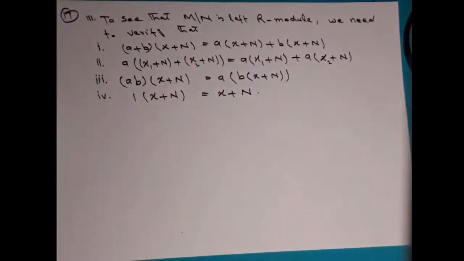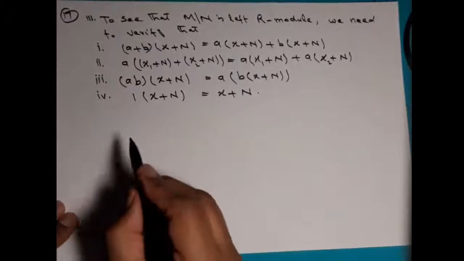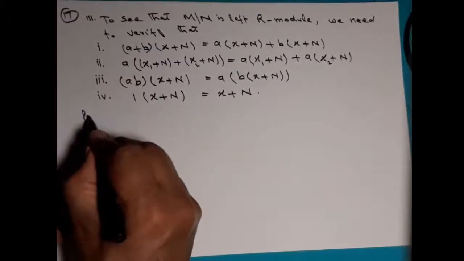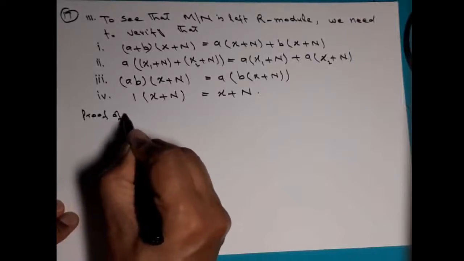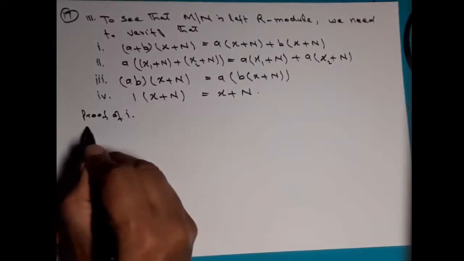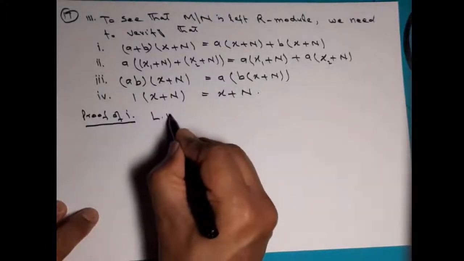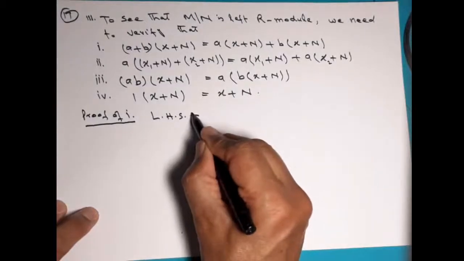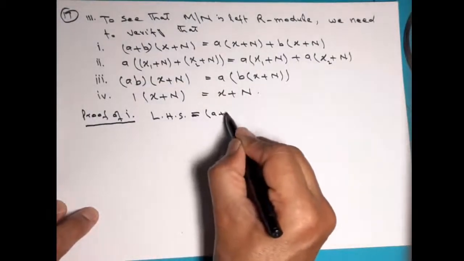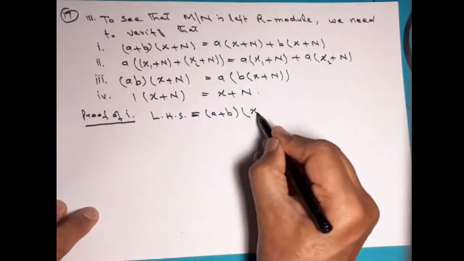So let's see the proofs. Proof of 1. Let's see the left hand side. Left hand side is equal to (a plus b) scalarly multiplied with (x plus N).